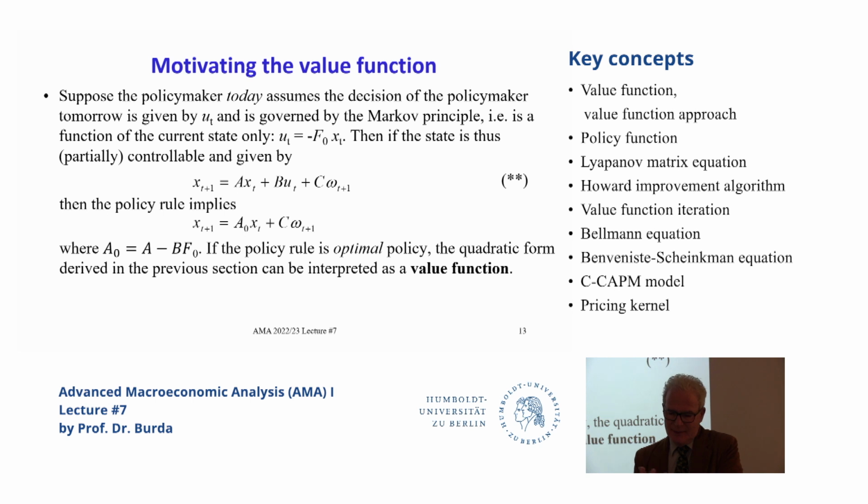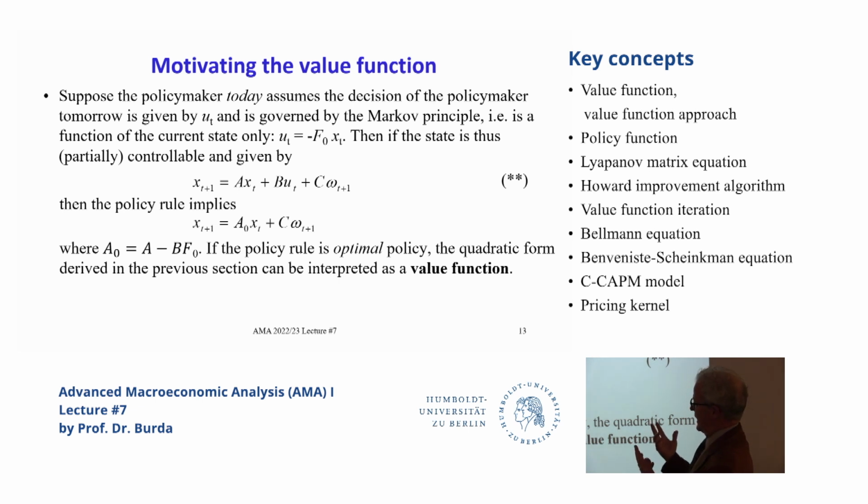Think of U as a vector of, it could be a single consumption today. It could be consumption and investment today. It could be a bunch of other things. And in my actions today, I can affect xt plus 1. So we say that the state vector is in some sense controllable. I can influence it.